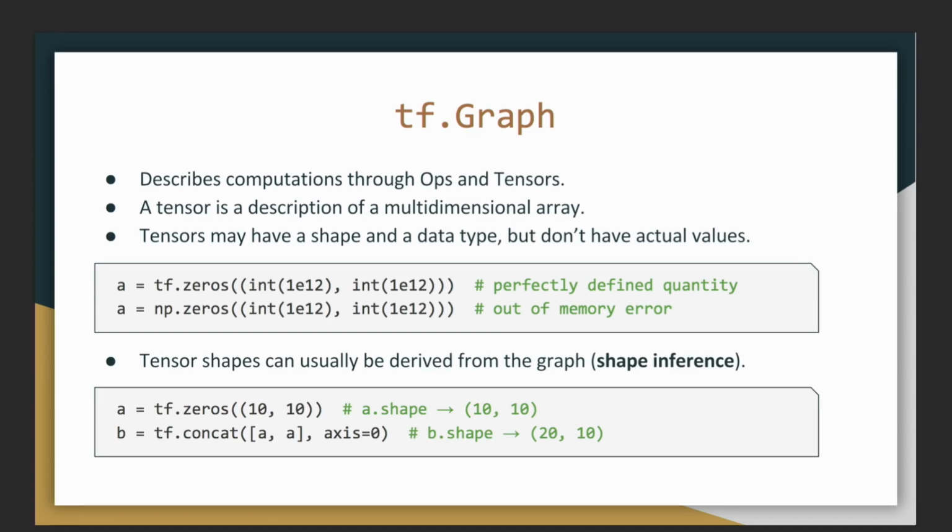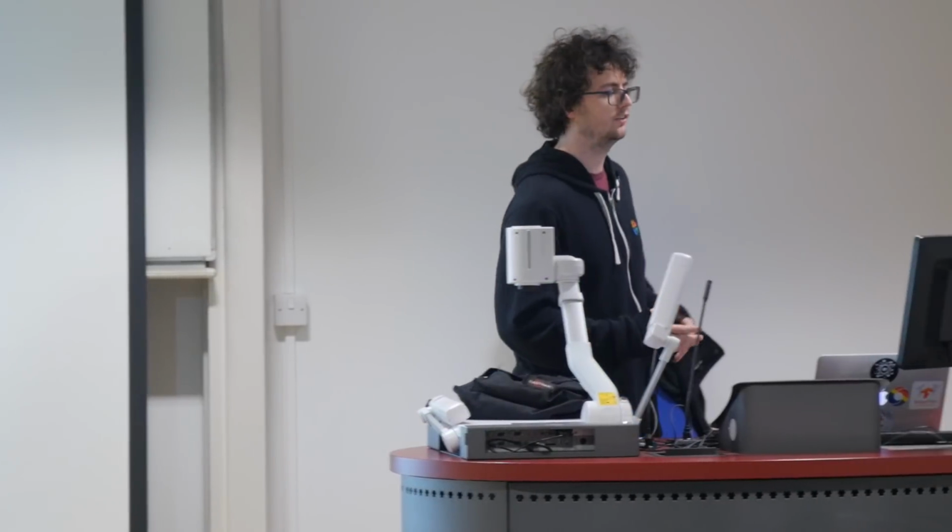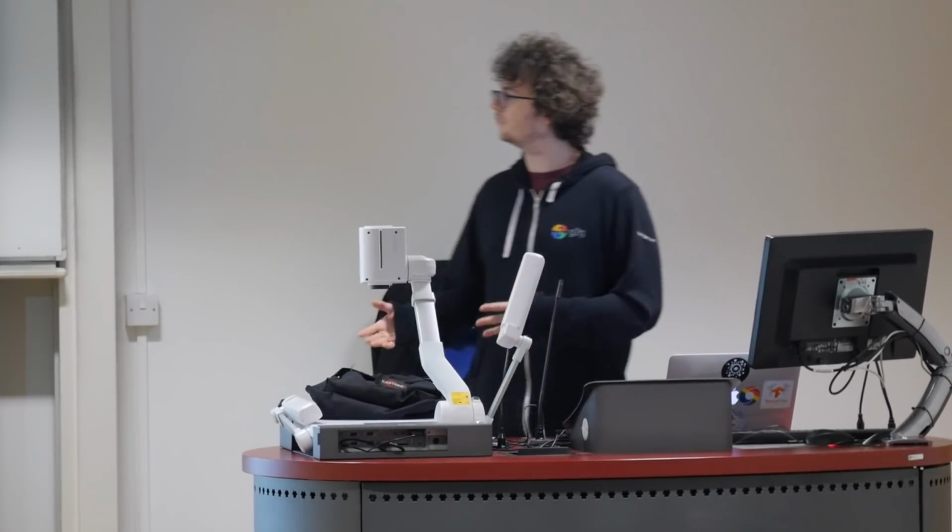And this is very intuitive if you think of this simple example. So let's define a matrix of a trillion by a trillion in TensorFlow and in NumPy. If you do it in TensorFlow, that is a perfectly defined thing to do. You can define a matrix of zeros of a trillion by a trillion. But until you try to execute this op, and therefore the backend actually tries to instantiate this trillion by a trillion zeros, everything is perfectly fine.